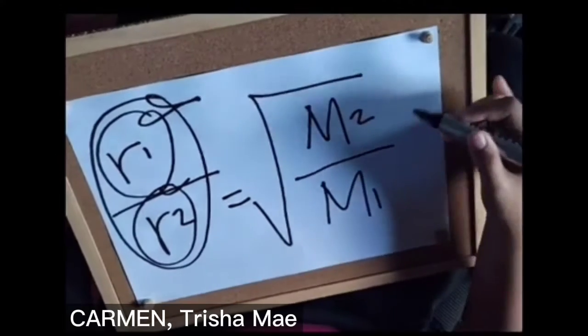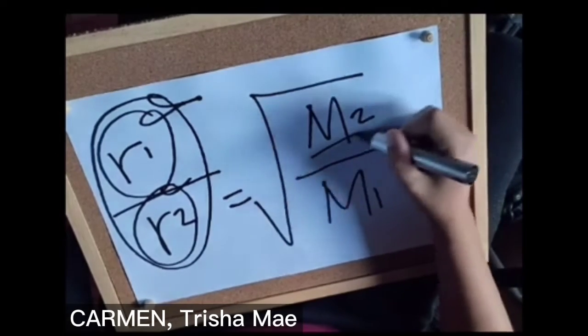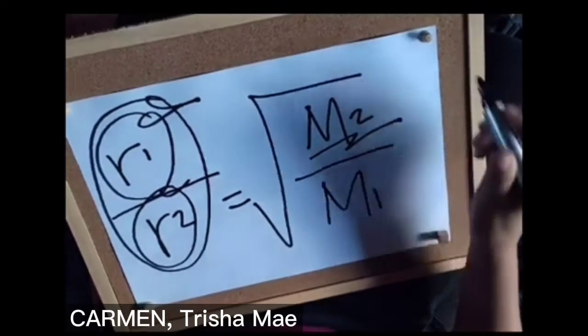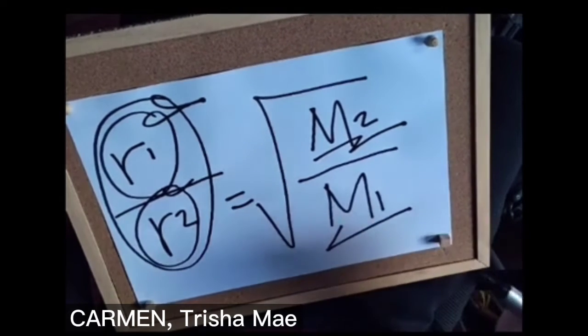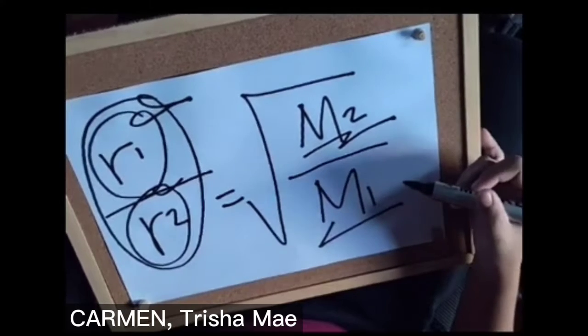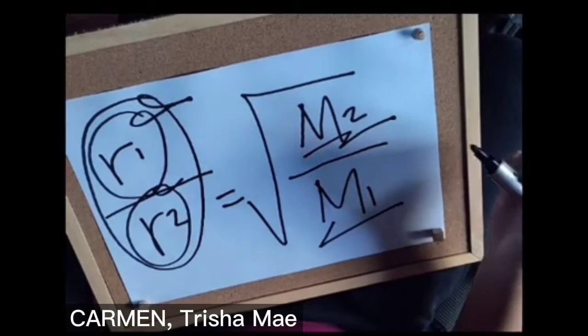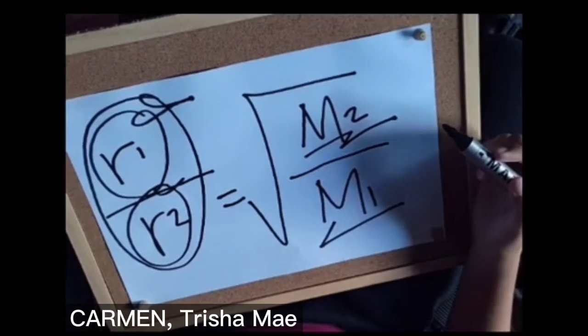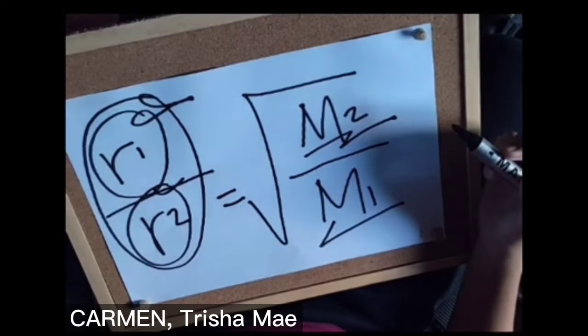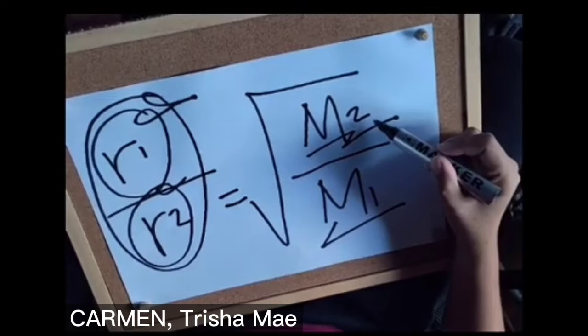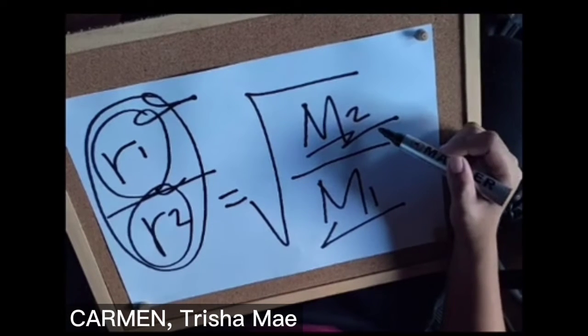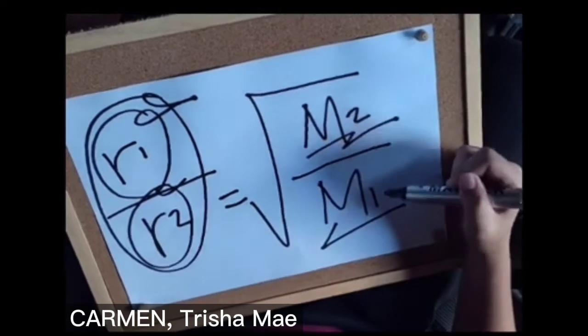Next, M2 is the molar mass of gas 2 and M1 is the molar mass of gas 1. As I said a while ago, the rate of diffusion or effusion of a gas is inversely proportional to the square root of its molecular weight. That's why the first here is M2, since it is inversely proportional.